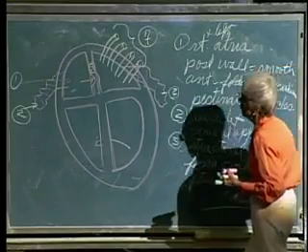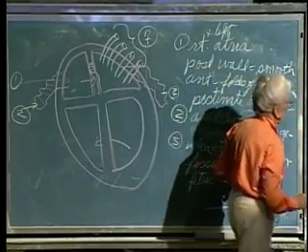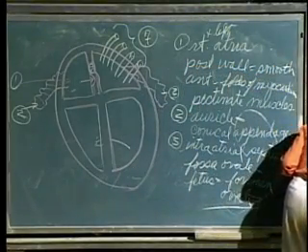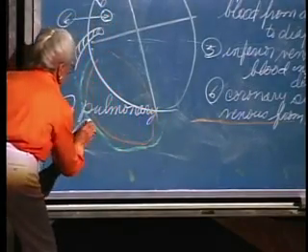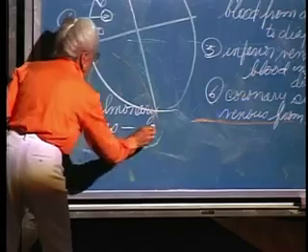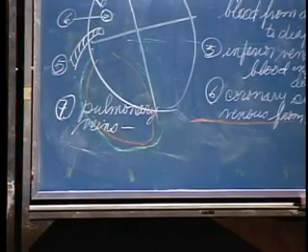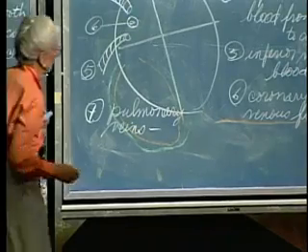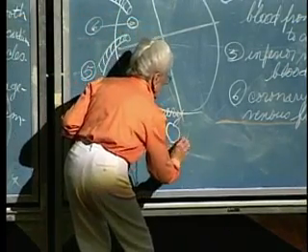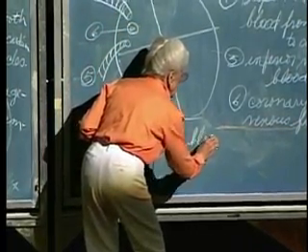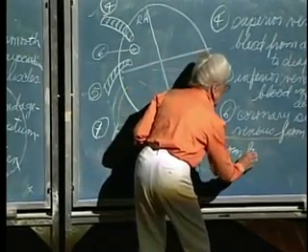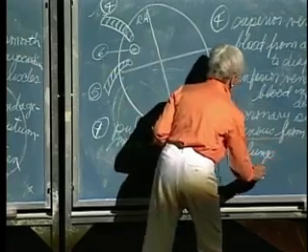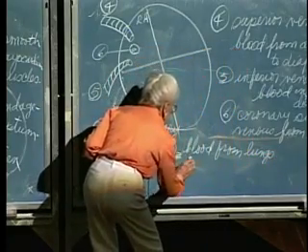And these will be pulmonary veins. The pulmonary veins are bringing oxygenated blood from the lungs to the left atrium. So oxygenated blood from lungs to left atrium.